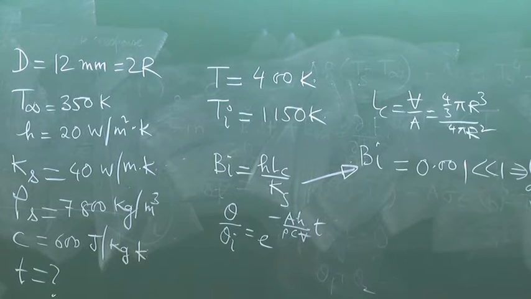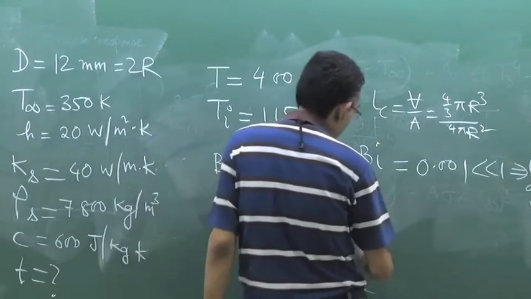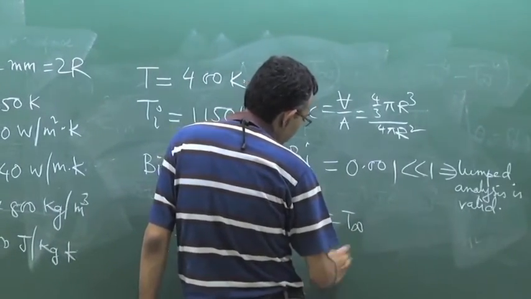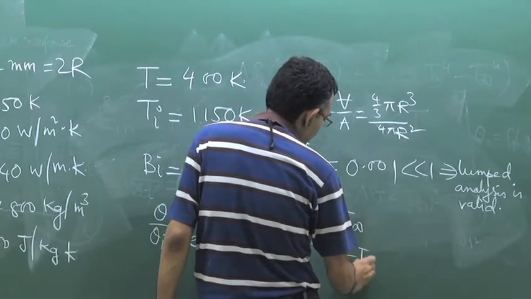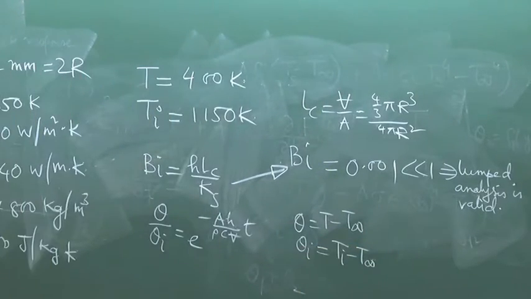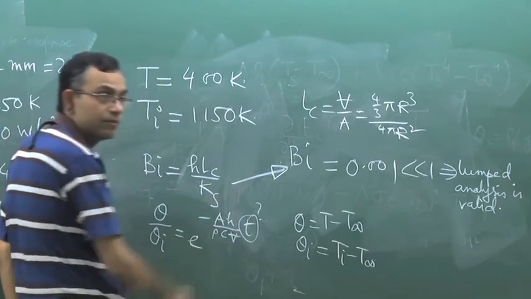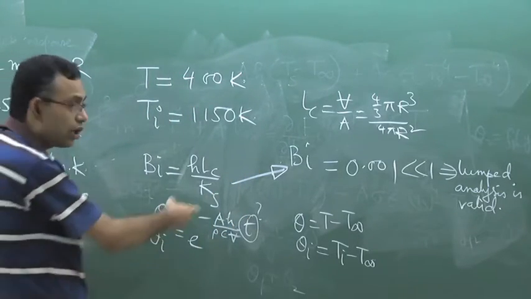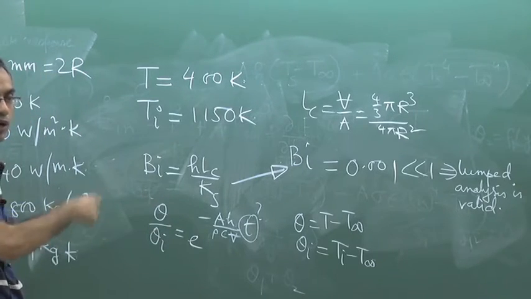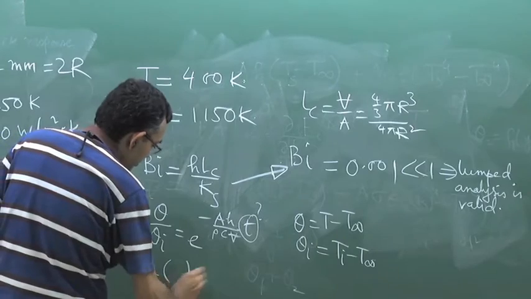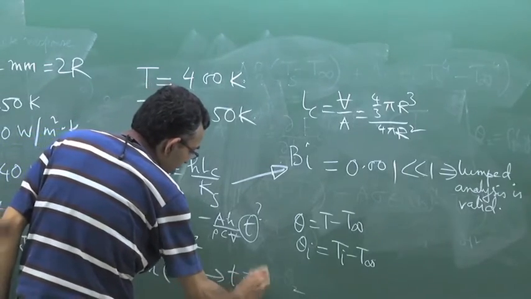What is theta? theta is T minus T infinity, and theta i is equal to Ti minus T infinity. So, in this expression you have to find out what is the time. You can take log of both sides and find out the time.